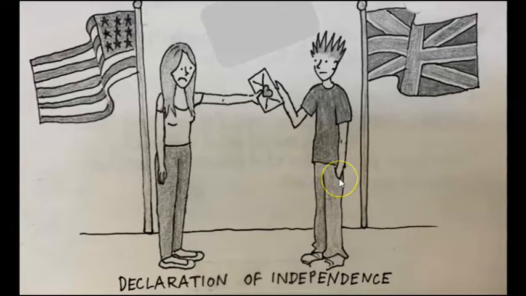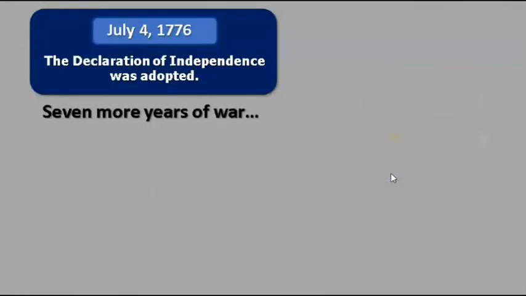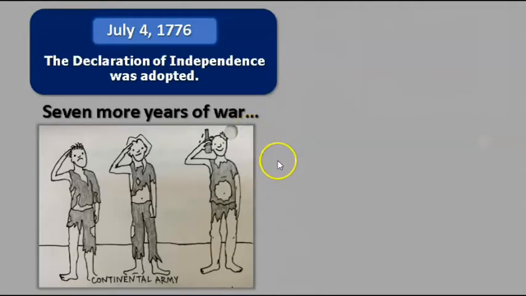The American colonists adopted the Declaration of Independence, or accepted it. However, the British did not. And so we had a war, 7 more years of war. Our army didn't have money or nice uniforms.